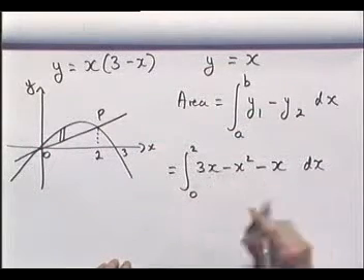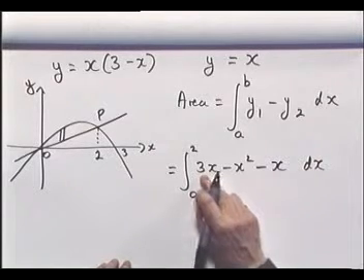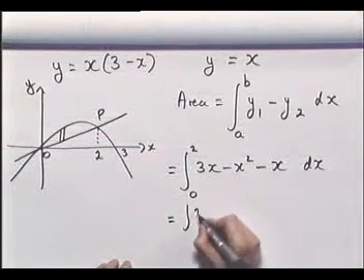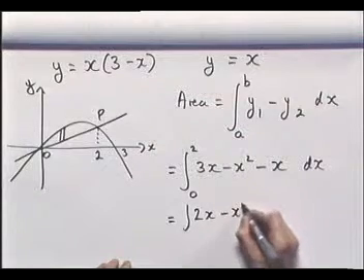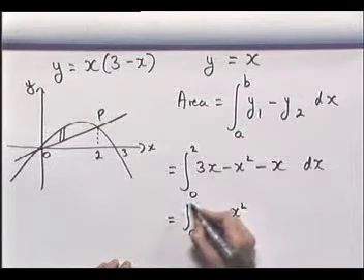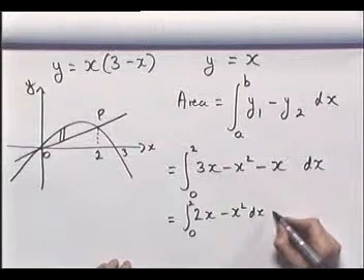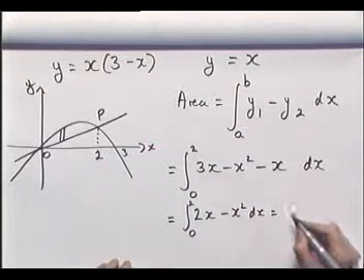So I have 3x minus x. That gives us 2x minus x squared to be evaluated between 0 and 2 with respect to x. So let's carry out this integration.